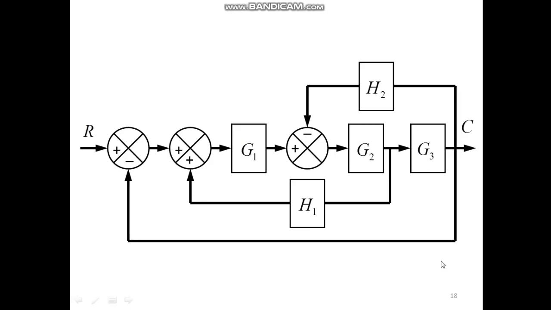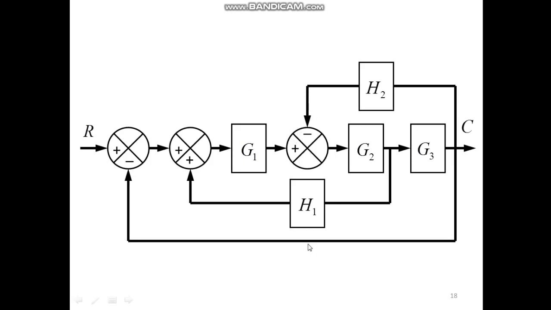So now if you observe this diagram carefully, what you can do is either shift this particular summing point to the left hand side or this takeoff point to the right hand side. Always remember that the summing point should be shifted to the left hand side and the takeoff point should be shifted to the right hand side. So now here we will shift this particular summing point to the left hand side of the G1.